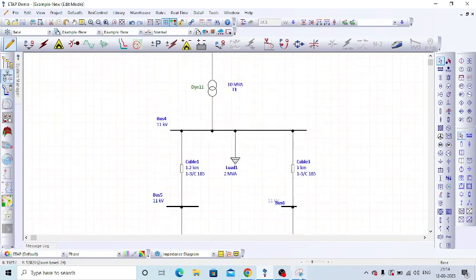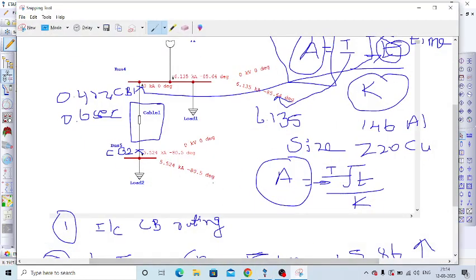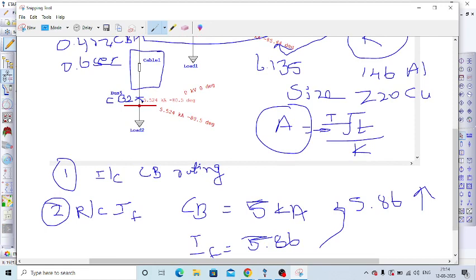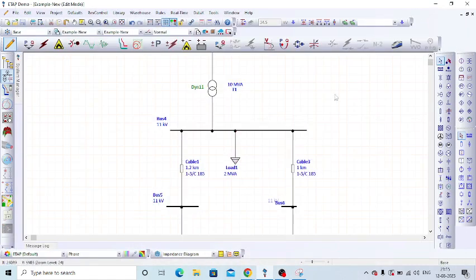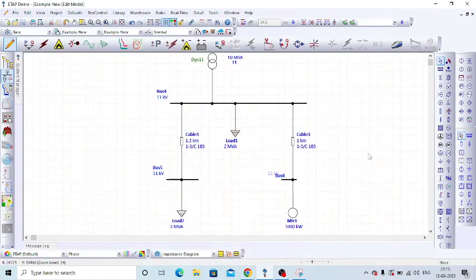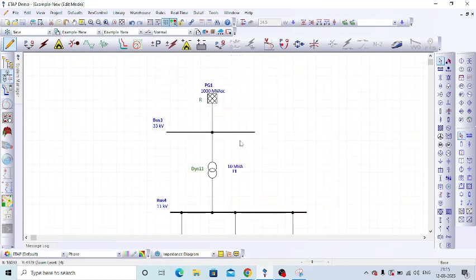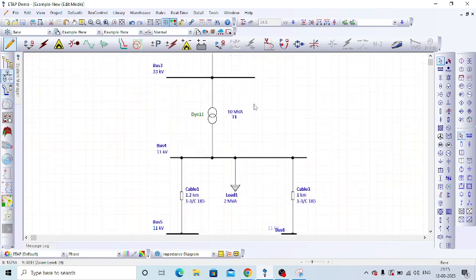So totally, how to manage the situation: the first option is to increase the circuit breaker rating. In the second option we have to reduce the fault current, and we can reduce it in multiple ways. One option is to increase the cable impedance by increasing the cable length. The second option is to increase the transformer impedance.